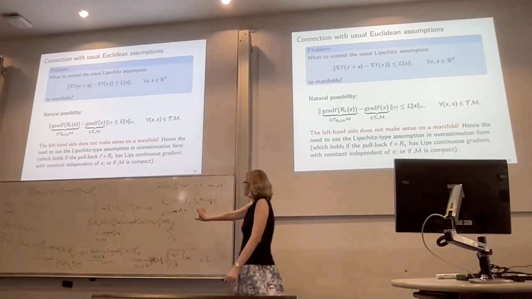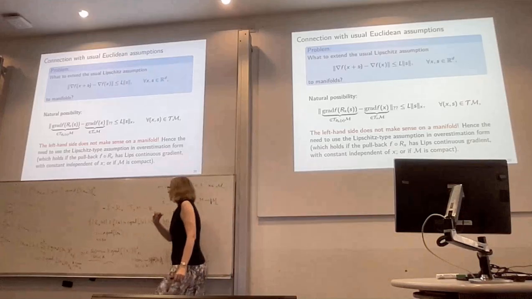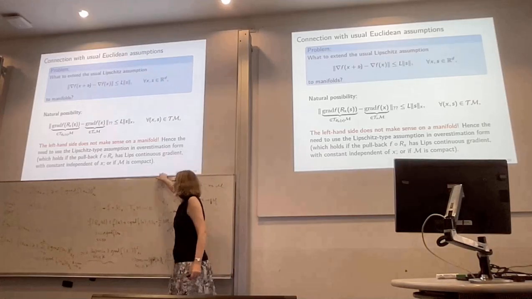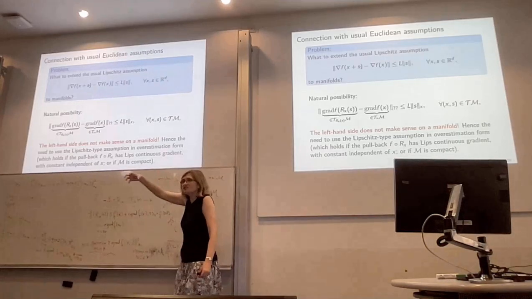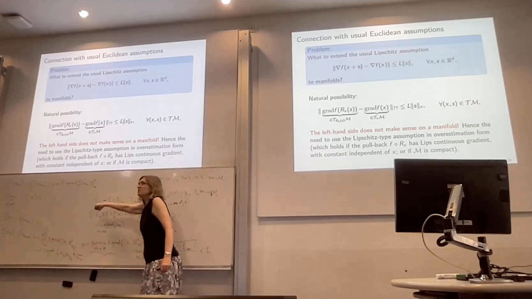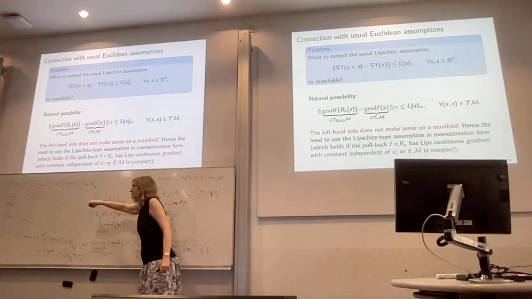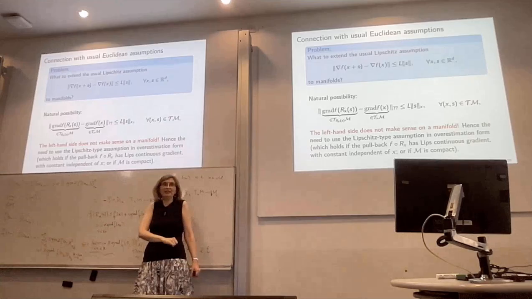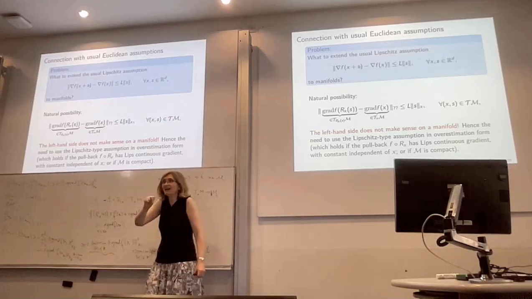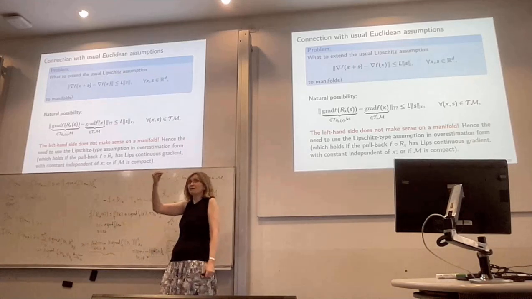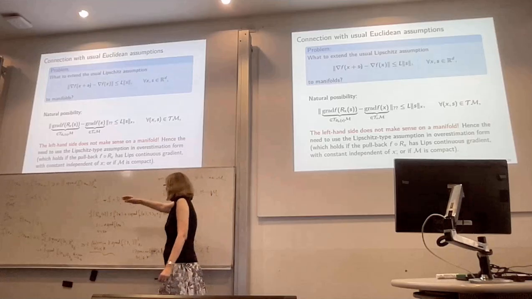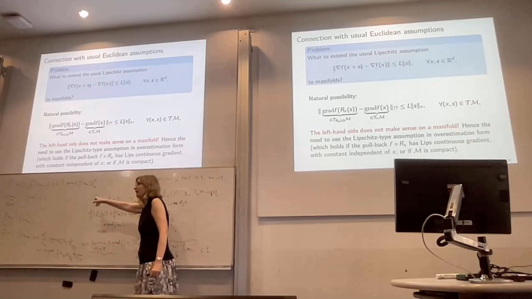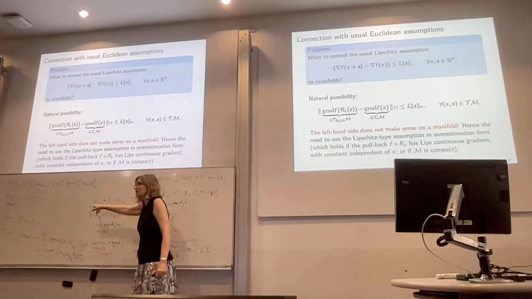And that's why we proposed to use this overestimation form, or to think of working with the slightly stronger notion of Lipschitz continuous gradient of this f hat function. If you just say that, rather than the actual Riemannian gradient to be Lipschitz, you say, I just want the gradient of my pullback to be Lipschitz continuous.